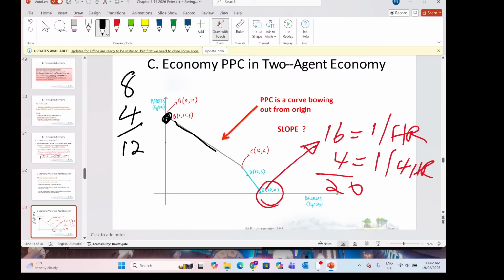Our line is a combination of those two slopes. I'm going to do Leo in red here; the red line is Leo's production possibility curve.